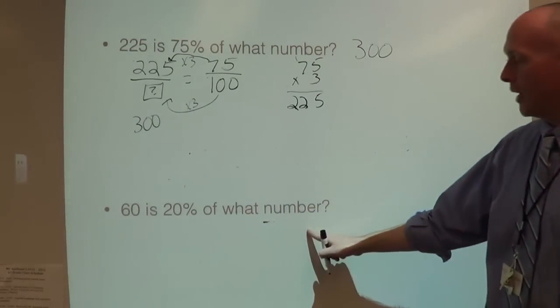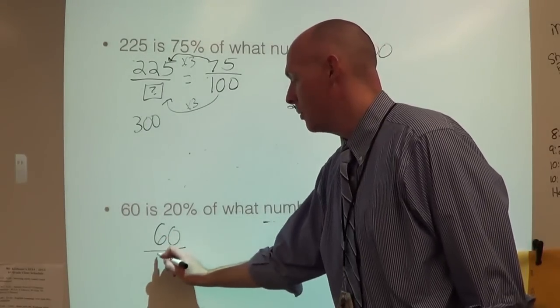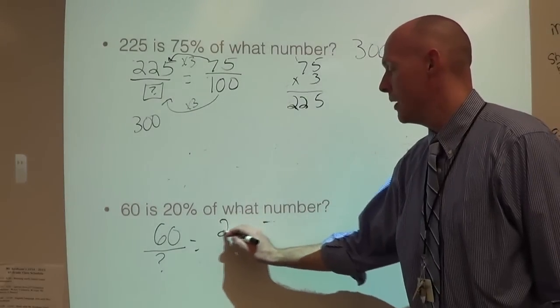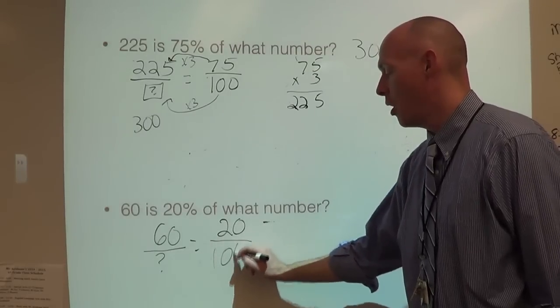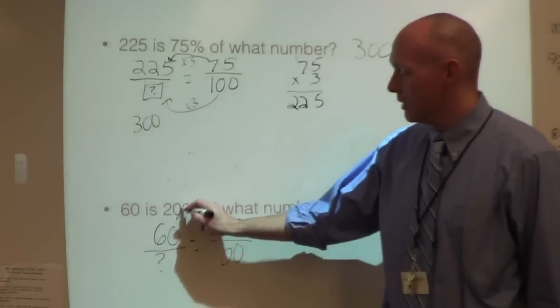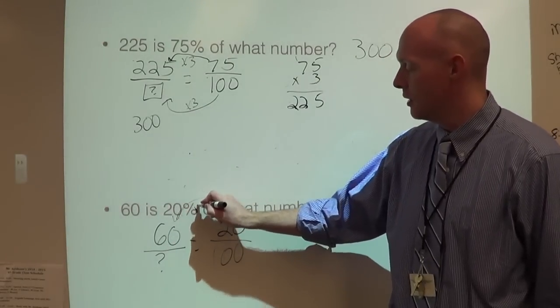Let's look down here. 60 is 20% of what number? My part is 60. We don't know the mystery number. Equals 20, because it's 20%, and percents are always over 100. So, how do I get from 20 to 60? 20 to 60 is times 3.